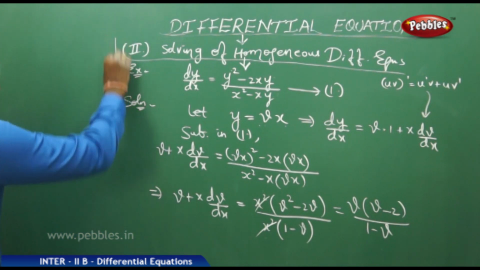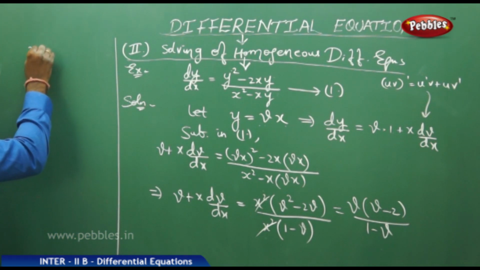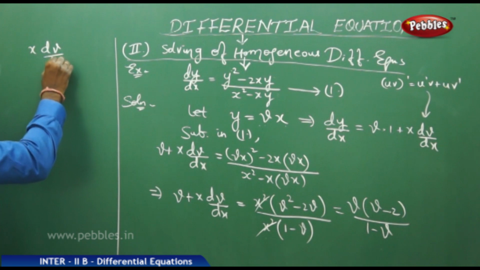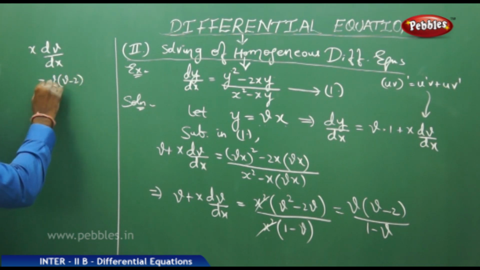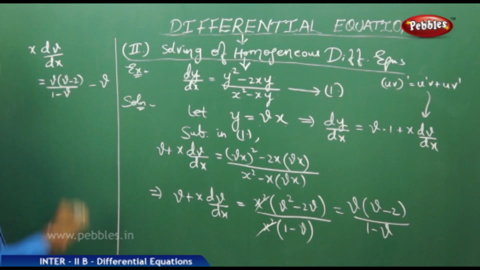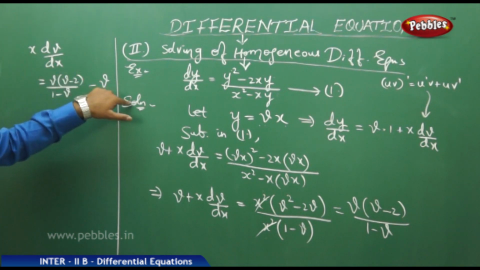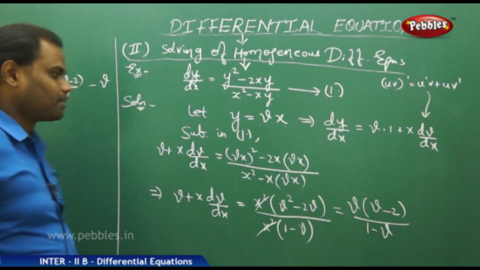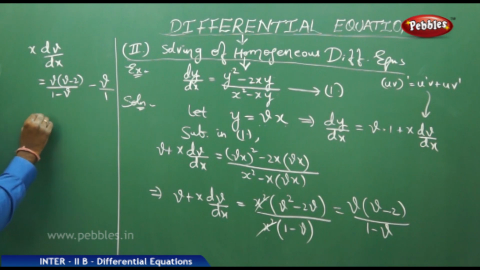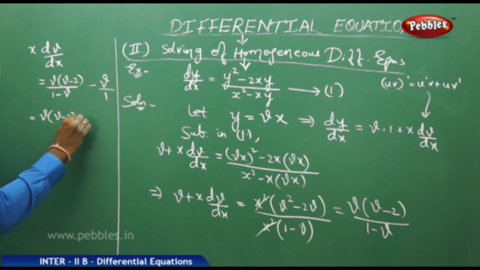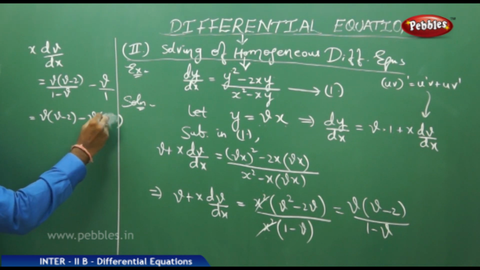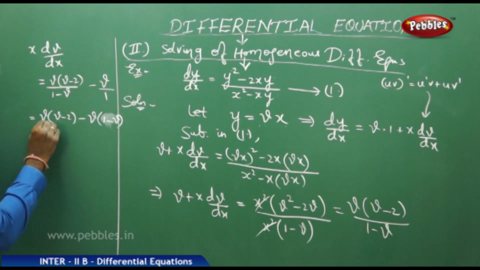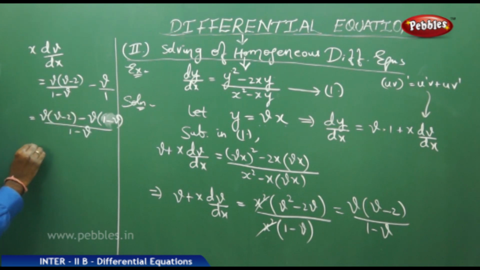Therefore, taking this to the right, x dv by dx is equal to v times v minus 2 by 1 minus v minus v is what we get when we bring plus v to the right. And taking LCM, we get v times v minus 2 minus v times 1 minus v by 1 minus v.